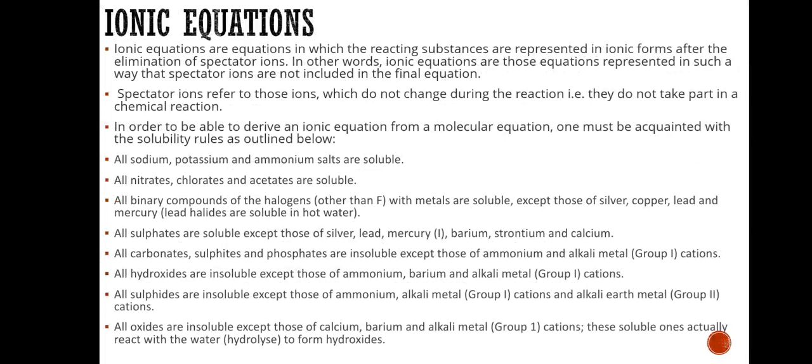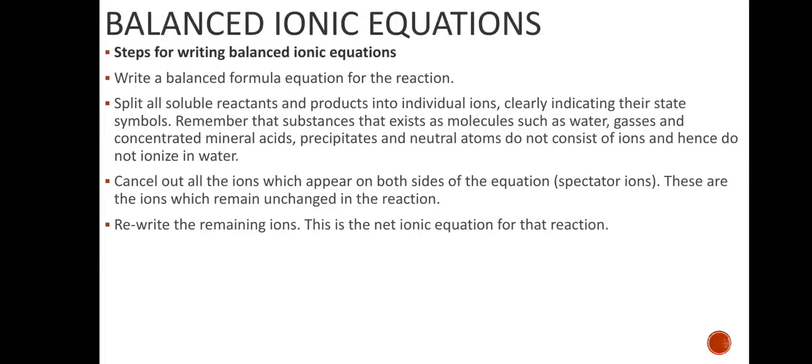All oxides are also insoluble except those of calcium, barium and the alkali metals. These insoluble ones actually react with the water to form hydroxides. So these are all the solubility rules you should be acquainted with when you are trying to analyze the ionic equation.